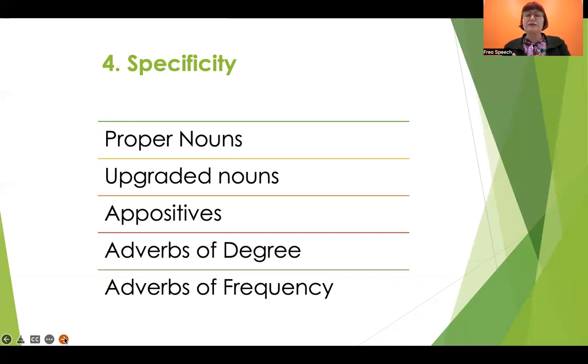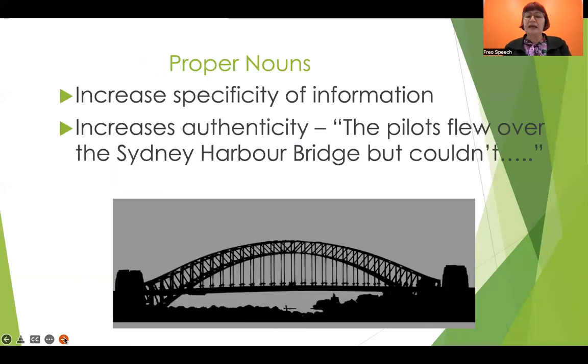When you're using things like proper nouns or upgraded nouns, it looks like you know a lot about the subject that you're writing about, and that's important. Proper nouns increase the specificity and the authenticity of information.